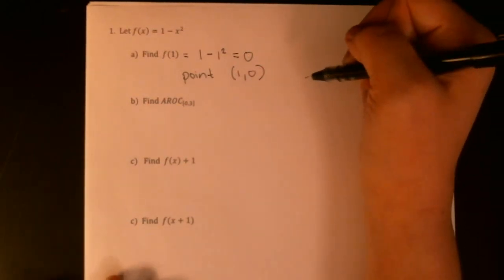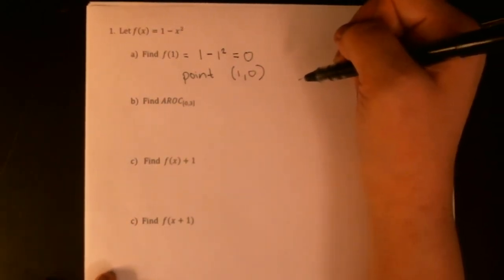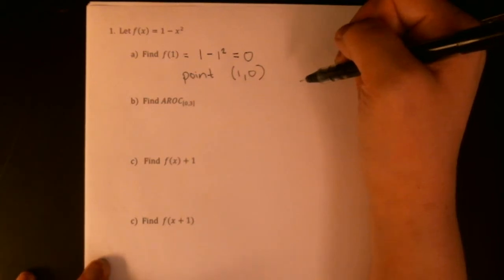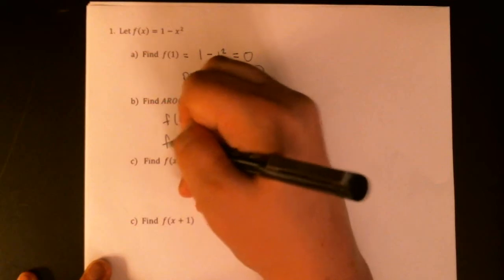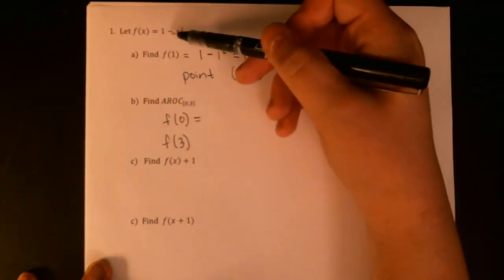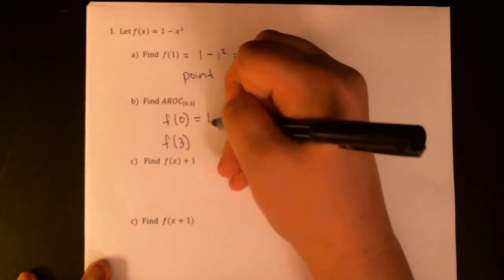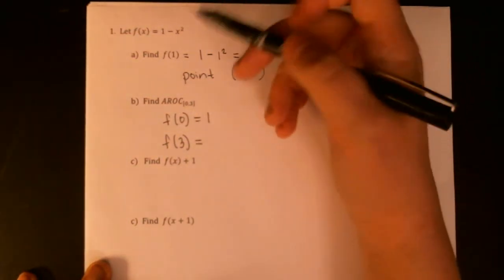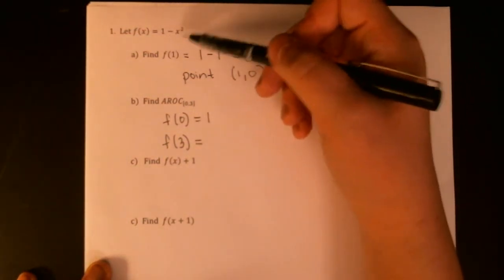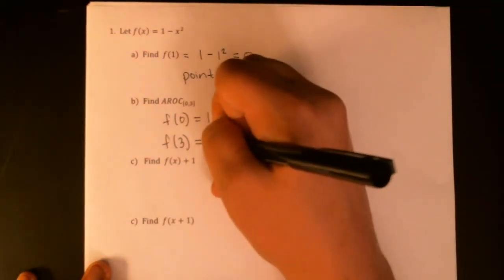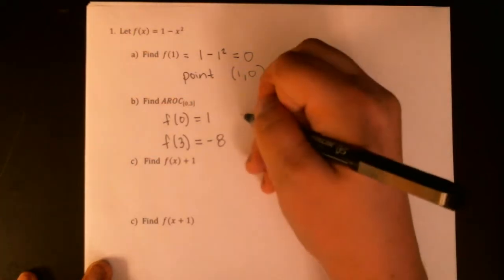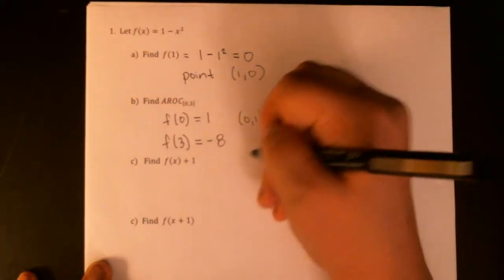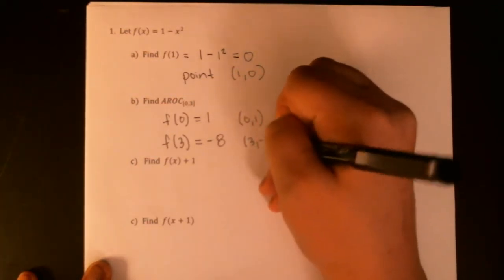You should also be able to calculate the average rate of change from 0 to 3. So remember, this is just a slope. We'll need to find f of 0 and f of 3. If I plug 0 into my function, I get 1 minus 0 squared, which is 1. If I plug 3 into my function, I get 1 minus 3 squared, which is 1 minus 9, which is negative 8. So this is telling me I have the point 0, 1 and the point 3, negative 8.